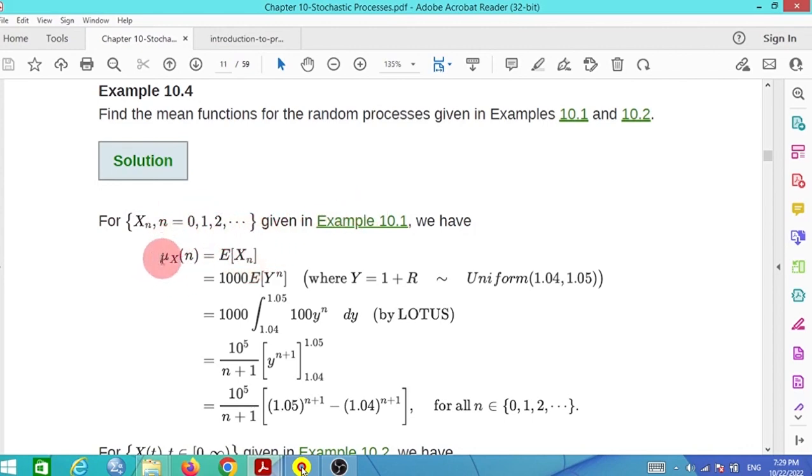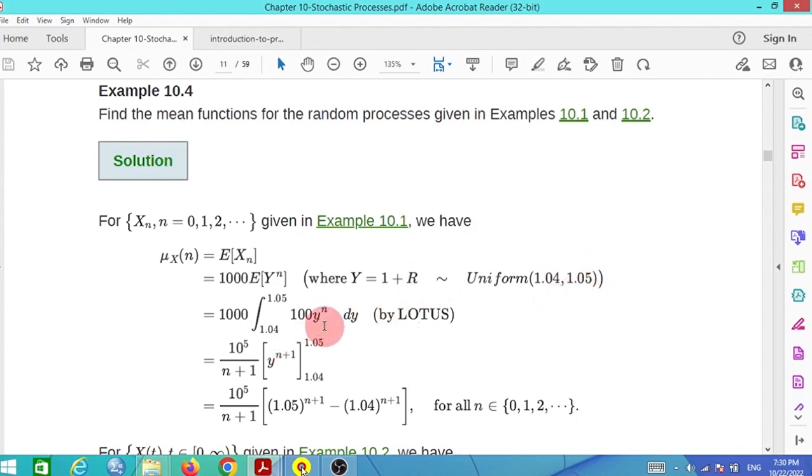By definition, when time is discrete, it is the expected value of this, and a constant comes out of the expected value. Y_n: we have, in example 10.1, Y equals 1 plus R, that is uniform over this interval.